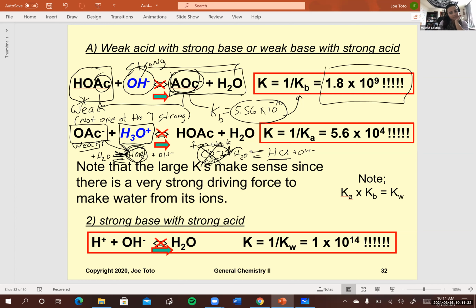Is it a weak acid like acetic acid or hydrofluoric acid or citric acid? Well, it's not one of the seven strong acids. Well, okay, good. I'm glad that you pointed that out because I'm going to argue that it is.